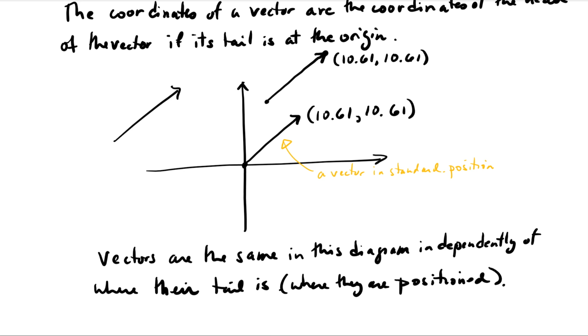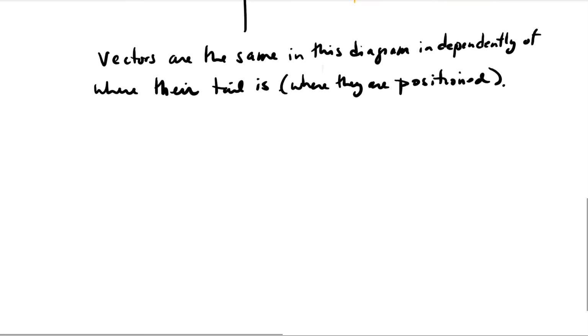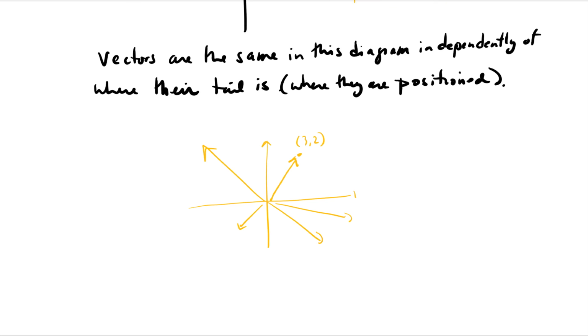They'll say a vector in standard position or a position vector. So there's this duality point vector. If you've got a point in space like this, let's say 3, 2, you could associate a vector to it that starts at the origin and that ends at 3, 2, and it would have the same coordinates, 3, 2. So that's why you say it's a position vector. It's a vector that sort of points to a point to locate it. So you could have a whole bunch of position vectors like that, but they all start at the origin.